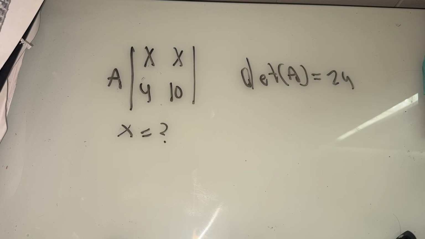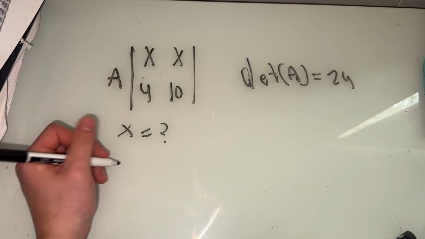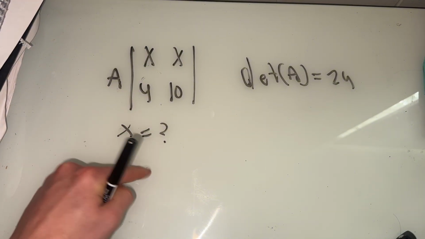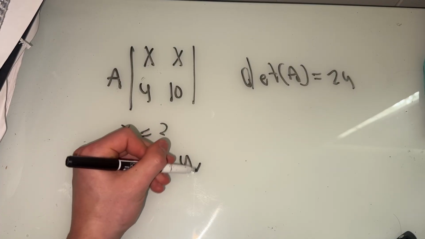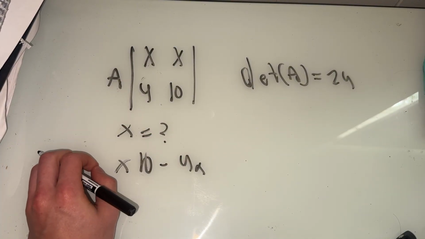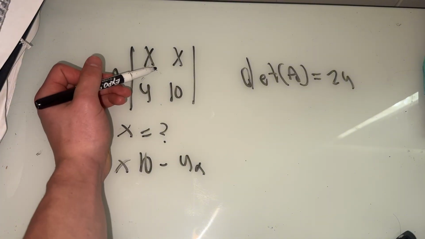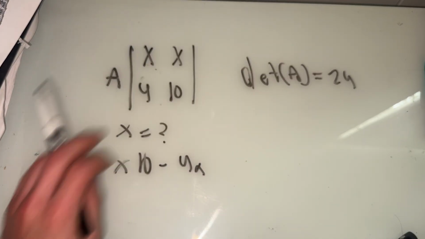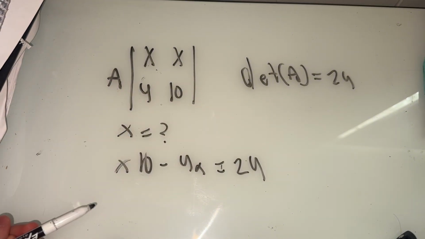All right, for our next question, find the value of x. Now once again, to get the determinant, we need to do x times 10 minus x times 4. Well, as we can see, this is equal to 24.